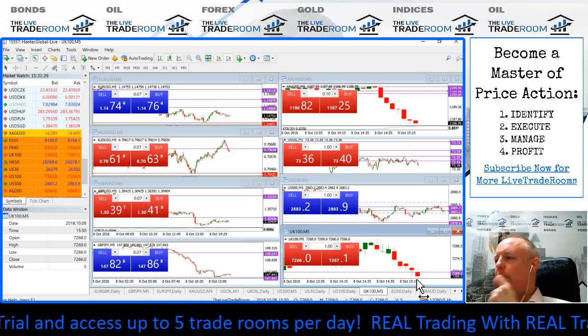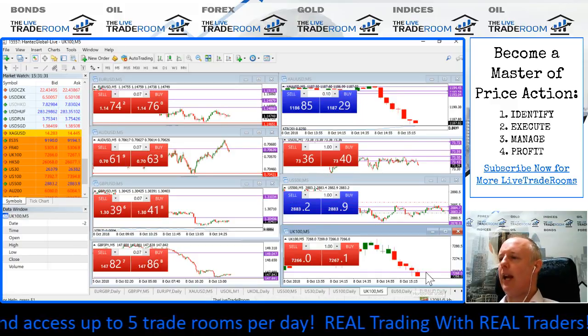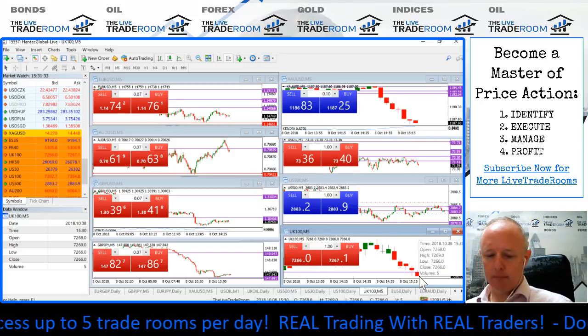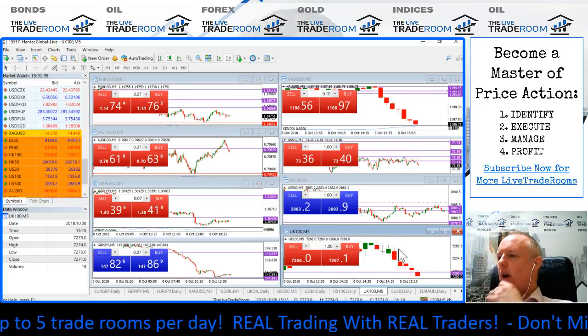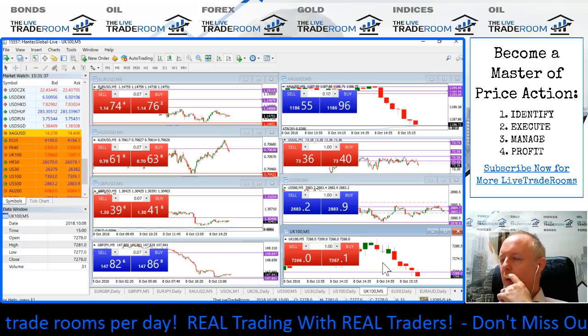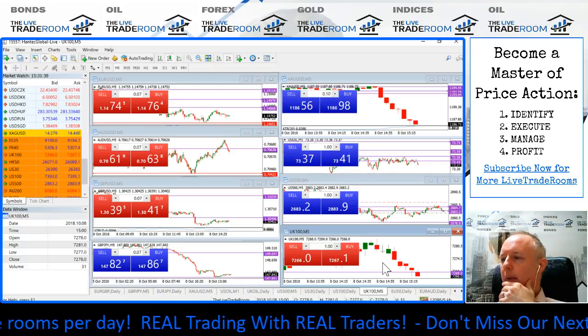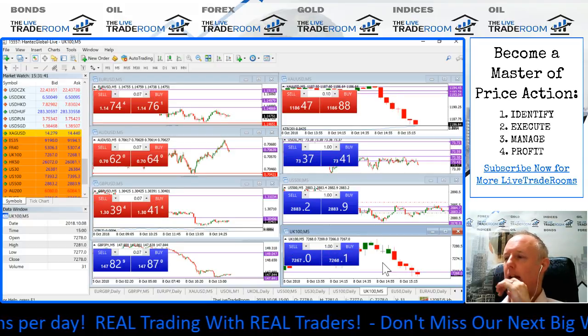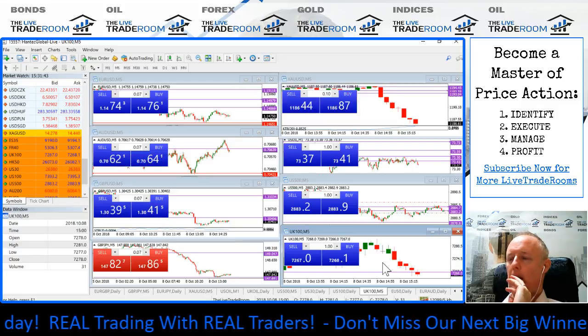So let's just see if we get a bit of a close below this level here. Hopefully we'll get a nice extended move below this level, and then we can mitigate risk and manage that trade effectively.